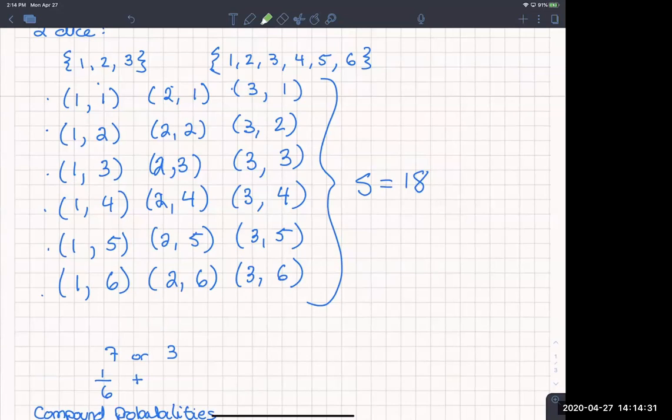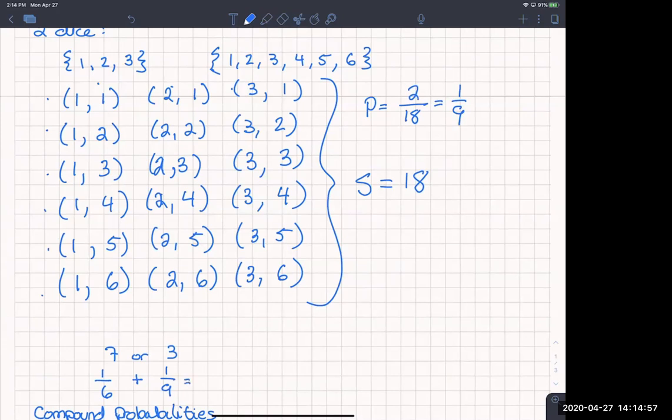It's 1 and 2 and 2 and 1. So the probability of me getting a 3 is 2 desired outcomes over the sample space of 18, which is 1/9. The probability of getting a 7 is 1/6, the probability of getting a 3 is 1/9. So we have to add these.